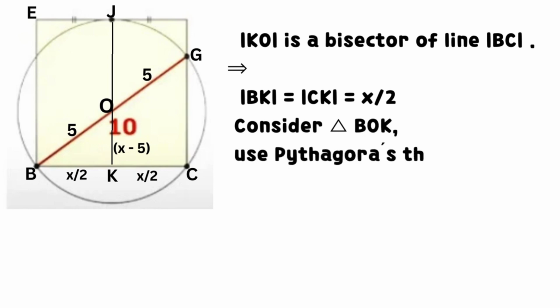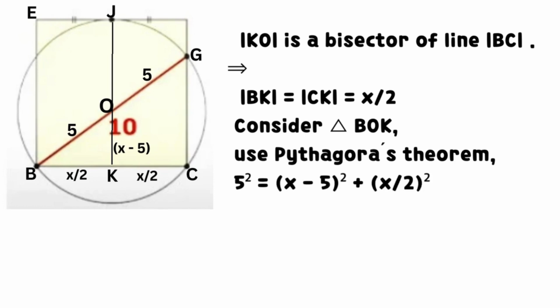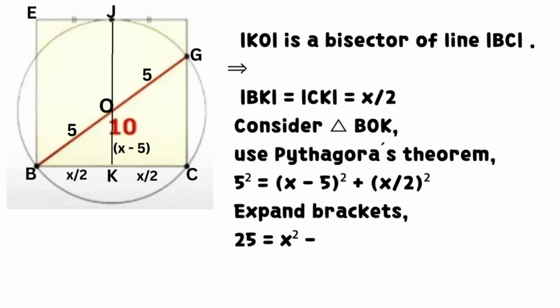It implies that BK equals CK, which equals half of x. Consider triangle BOK. Using Pythagoras theorem, the square of 5 equals the sum of the square of x minus 5 and the square of half of x. Expand brackets to obtain a new equation as shown on the screen.